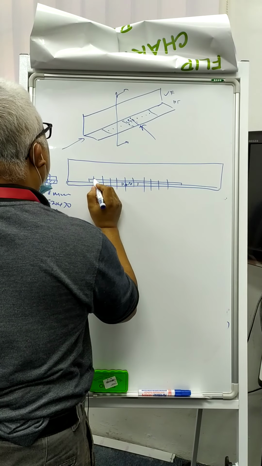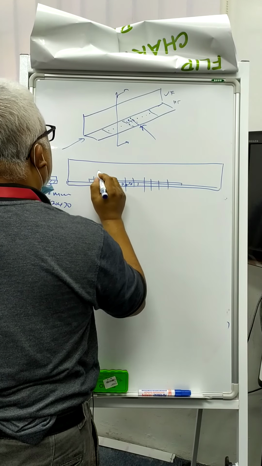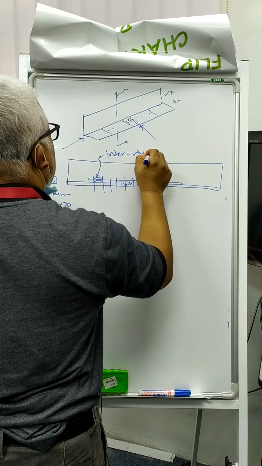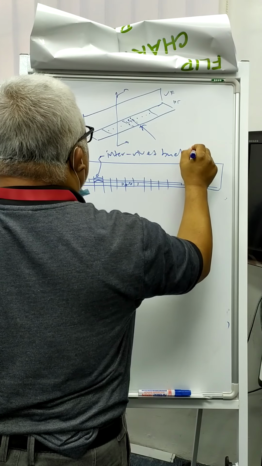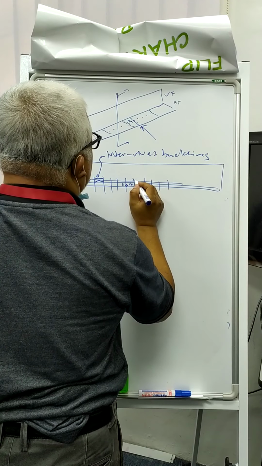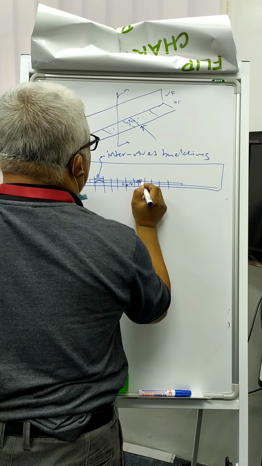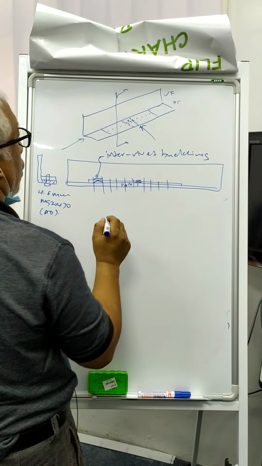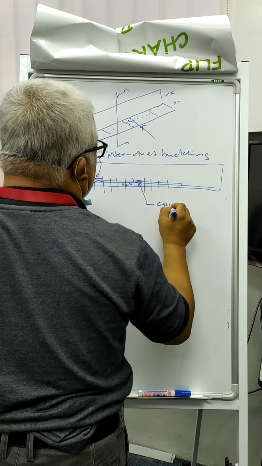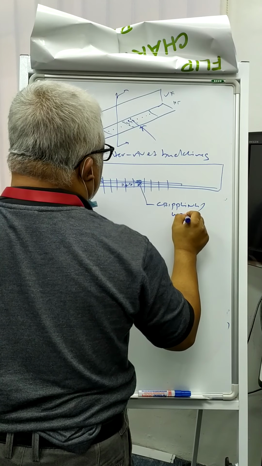First, the doubler may buckle between rivets, so we call that inter rivet buckling. We also have, between rivet to rivet, the doubler start to have local failure. Okay, local failure, we call it crippling or wrinkling.